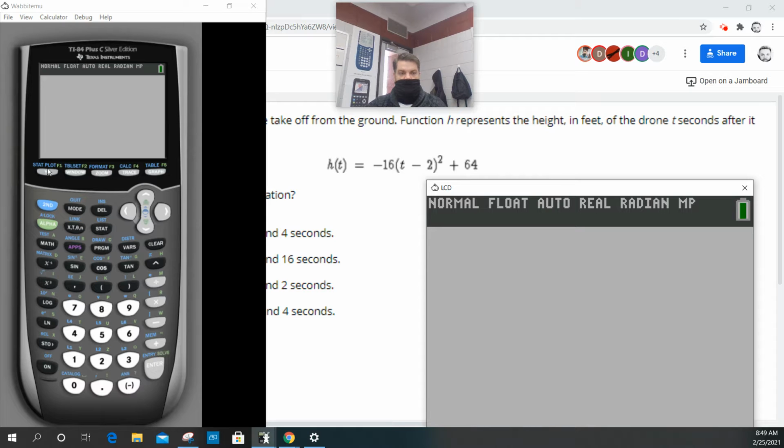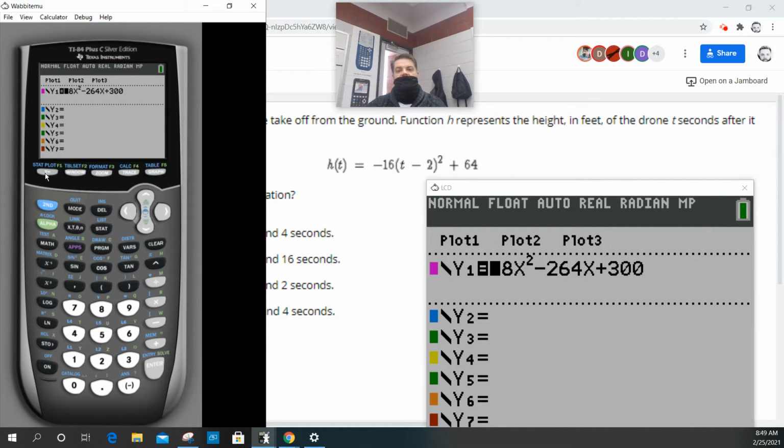So I'm going to hit y equals, and then I'm going to clear that out. That was from yesterday. Now, a minus sign and a negative sign are different things in the calculator. This is technically negative 16. So if I hit minus 16, it won't work. I have to hit the negative button, which is down here.